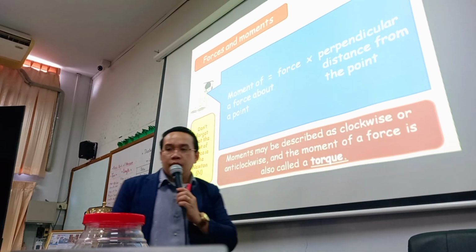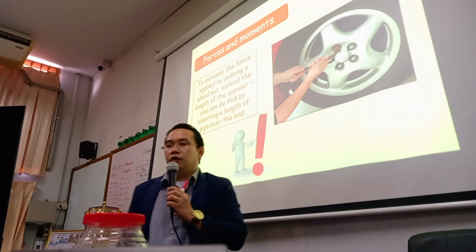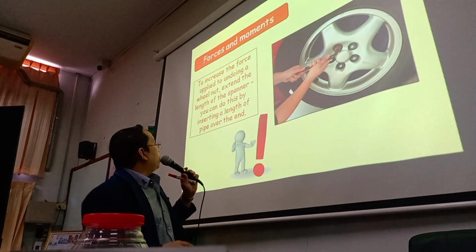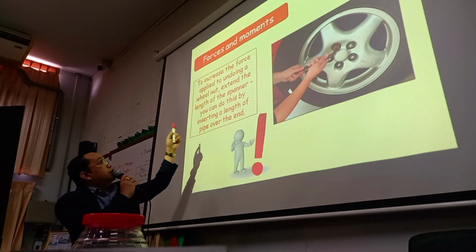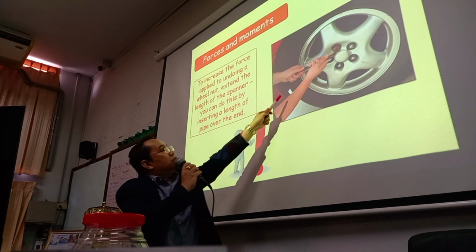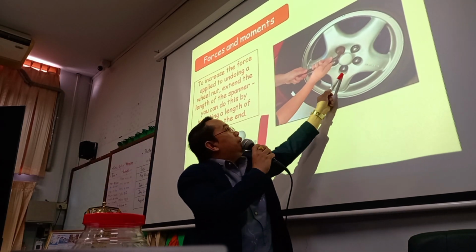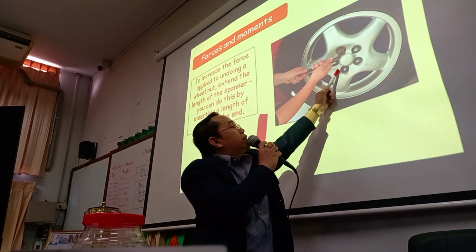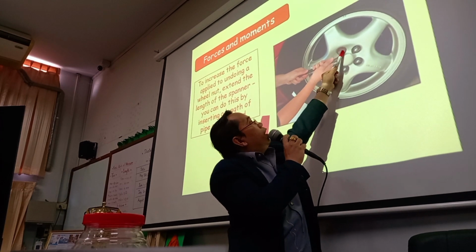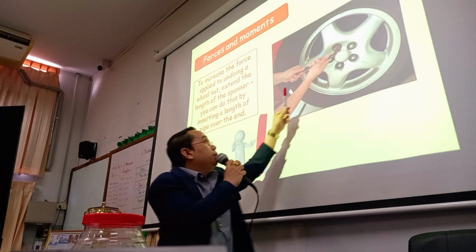Aside from this, forces and moments help to increase the force applied to undoing the wheel nut: extend the length of the spanner. As you can see here, these are the wheel nuts, 1, 2, 3, 4, 5. And this is an example of a spanner, an important tool.